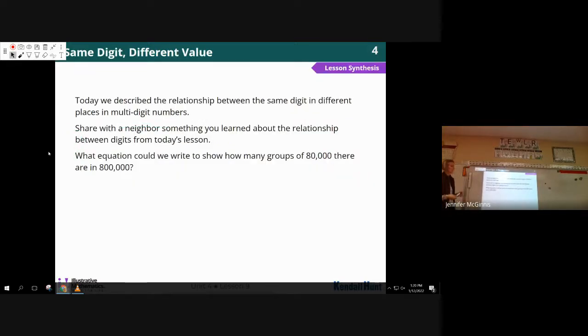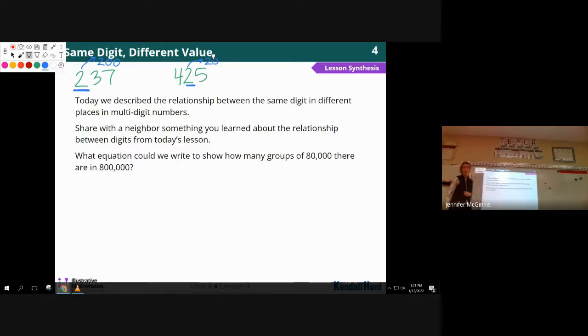Today, when we finish this lesson, we're going to be able to describe the relationship between the same digit in different places in a multi-digit number. So if we have the number 237 and the number 425, the 2 in the hundreds place is 10 times the value of the 2 in the tens place, because when this 2 moves over to the hundreds place, the value of this digit is 200 and the value of this digit is 20.